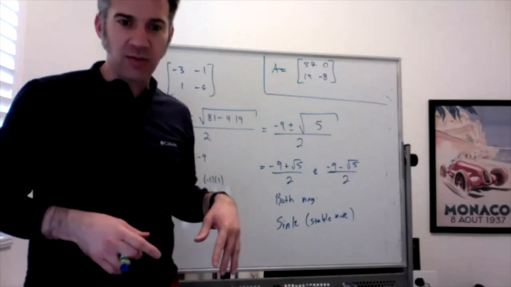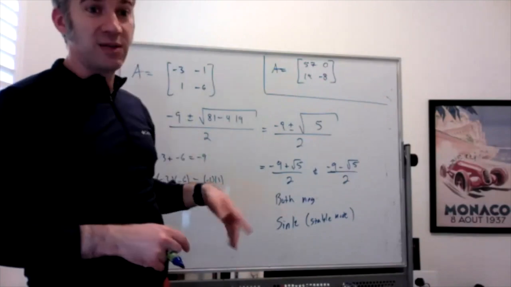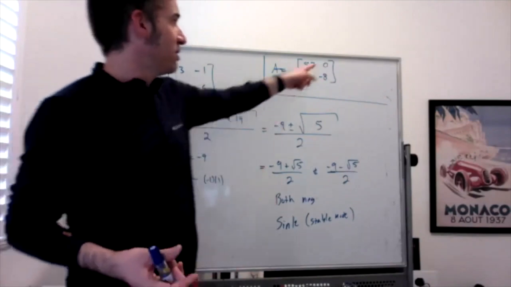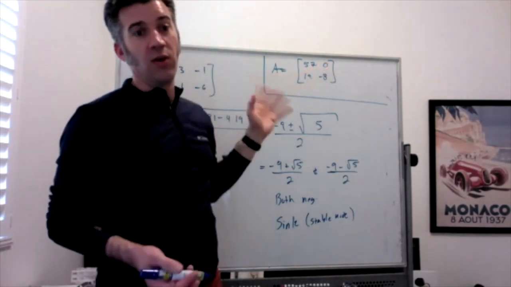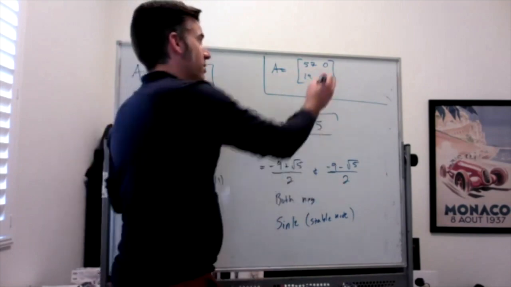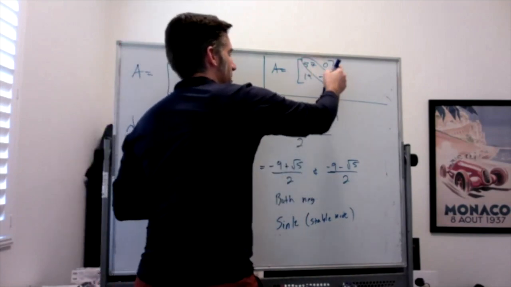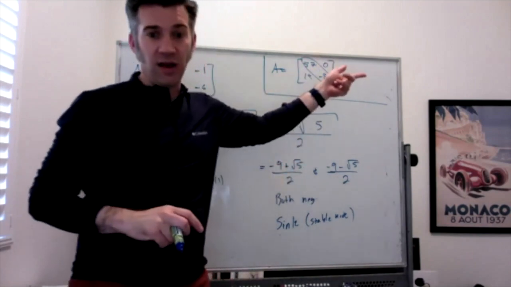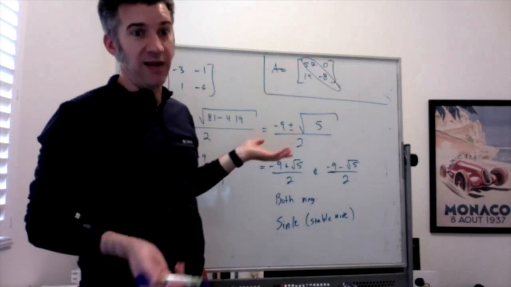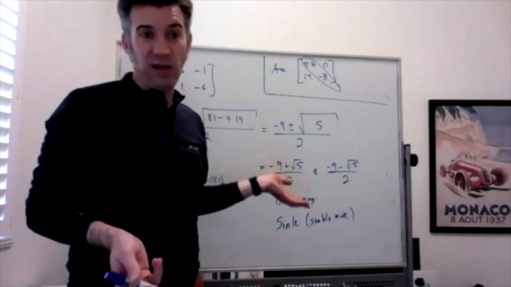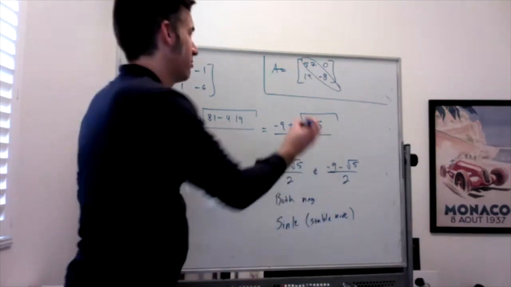How did Ethan know that this one was a saddle so fast? Because this is one of those special matrices where you have a 0 in one of the off-diagonal corners. This is the diagonal, those are the off diagonals. Since there's a 0 there, we know that the eigenvalues are the numbers on the diagonal. So my eigenvalues are 57 and -8. One of them is positive, one of them is negative. We have a saddle.